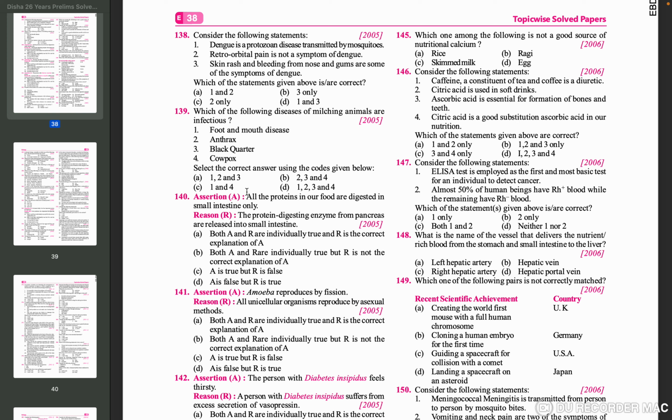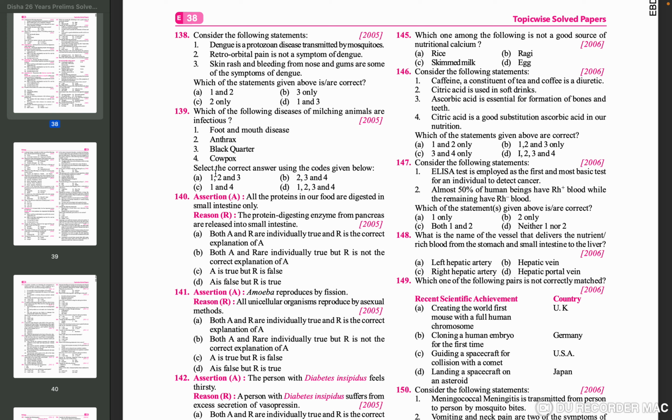2, 3, 4. Cowpox, black water, anthrax. 1, 2, 3, 4 could be the answer. Also anthrax and black water. Black water, I don't know anything about black water. Cowpox, I think it will be the answer. So 1 and 4. 2, 3, I'm not sure.